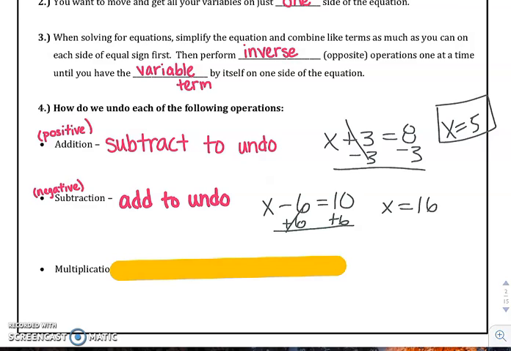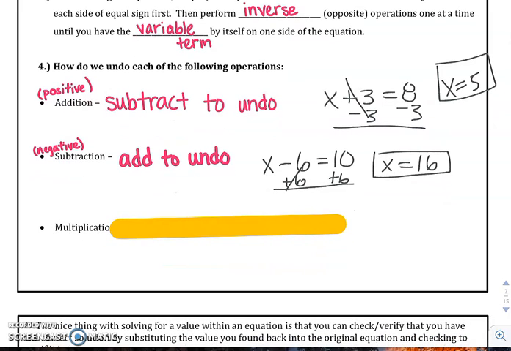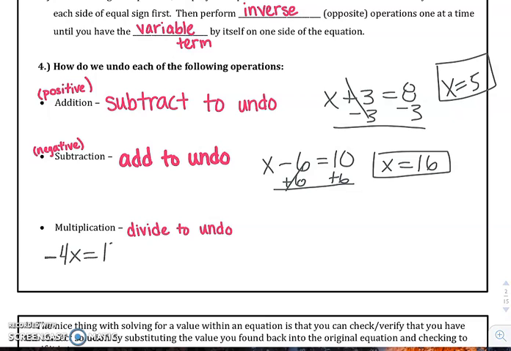But eventually, what we're going to end up doing is having multiple operations and multi-step equations, not just one-step equations. The last operation we're going to focus on today, we're going to do division and fractions another day, is multiplication. So you would divide to undo. Say you had negative 4x equals 12.